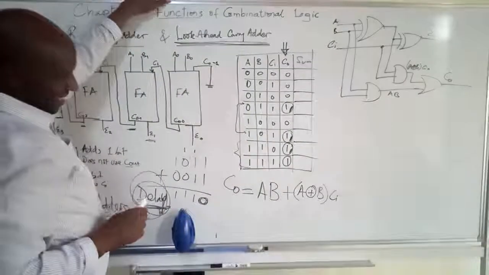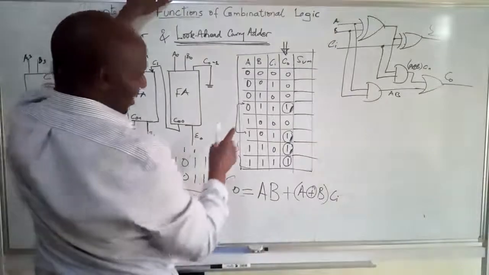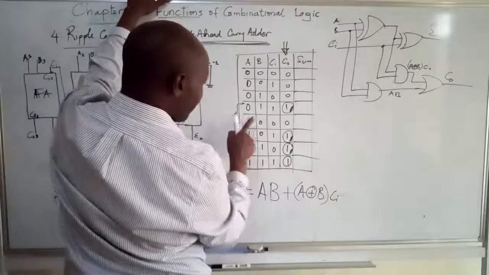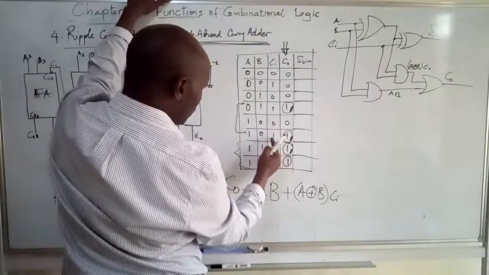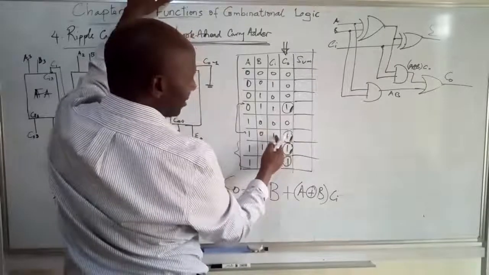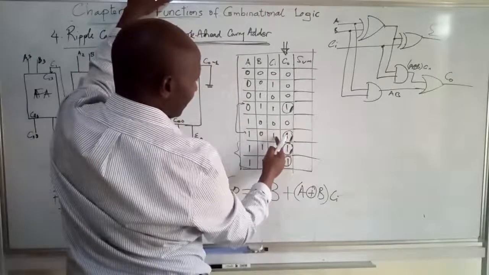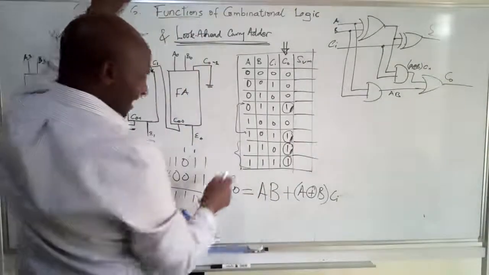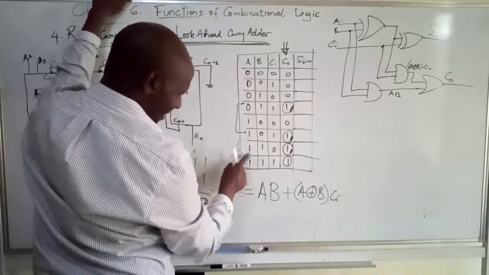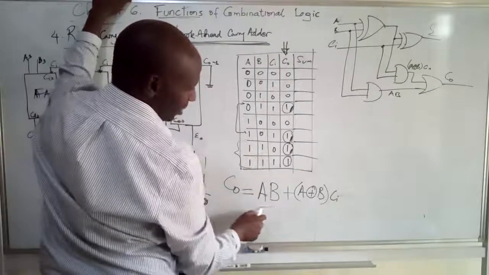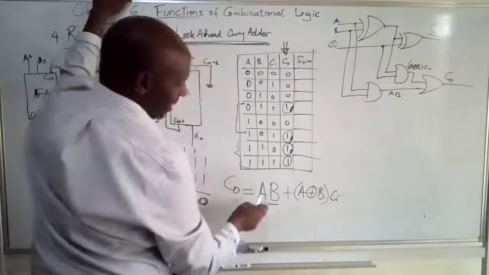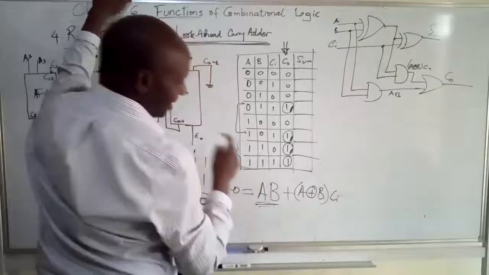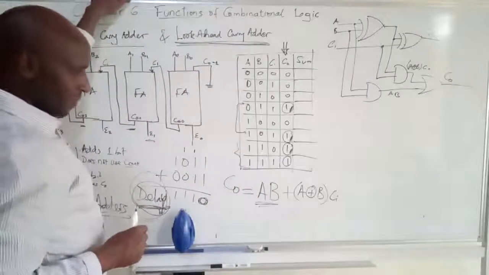What is that case? On this case, it involves C in. So it means on this case, the first case, A and B are 0. This is the case. Okay?